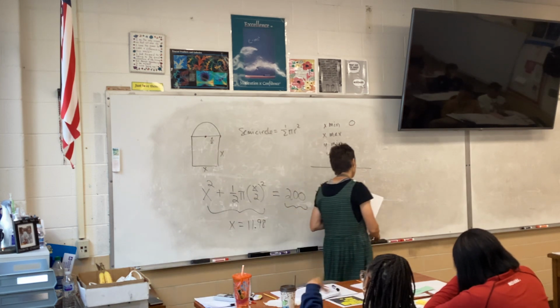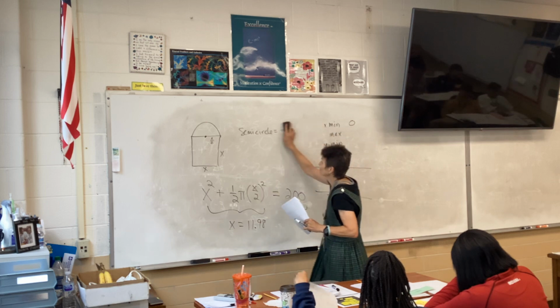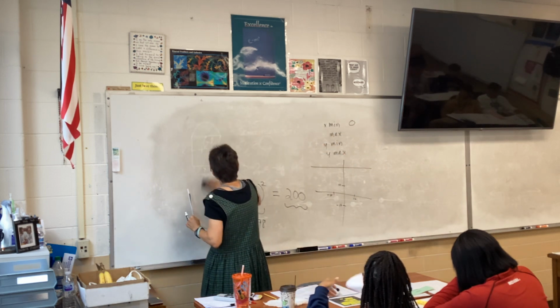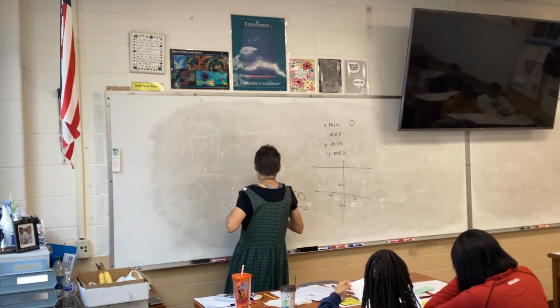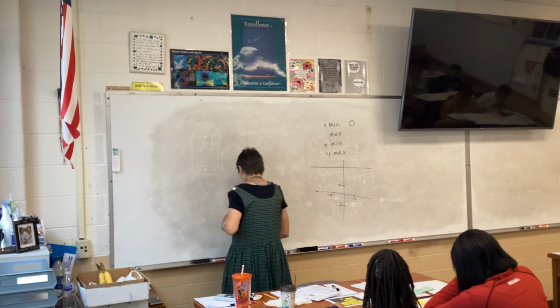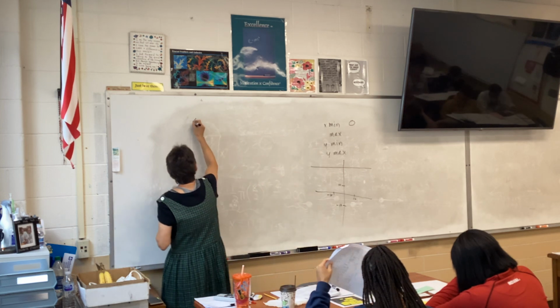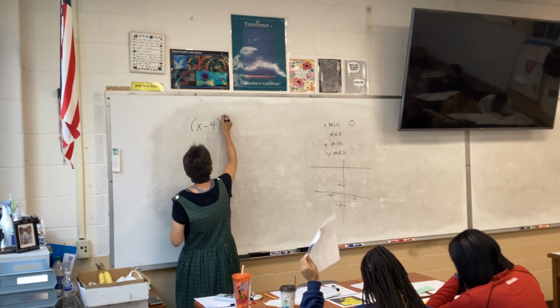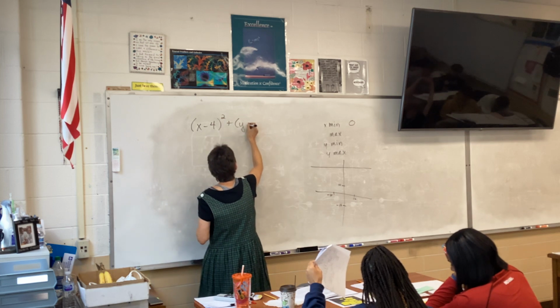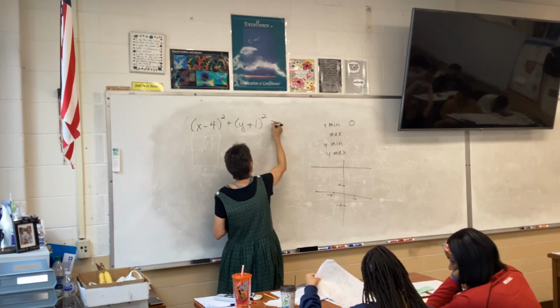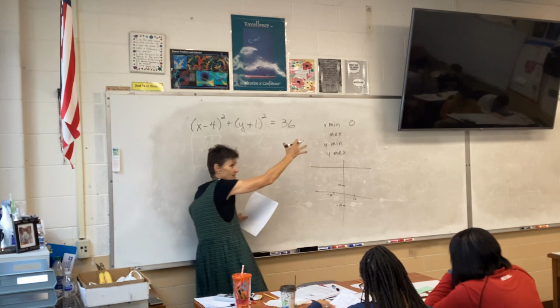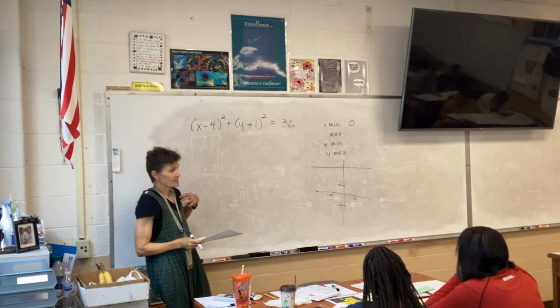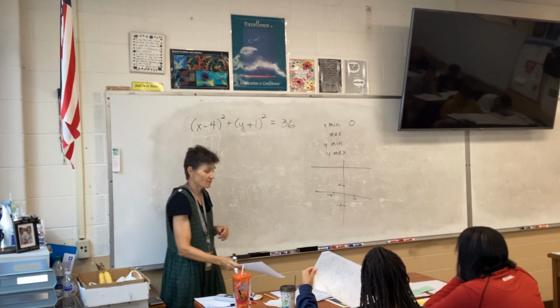Find the center and radius of this circle. Now, some of you were thinking, Mrs. Ford, we already did this. Yes, we did, but the equation of the circle looked like this. This is called the standard form of the circle.